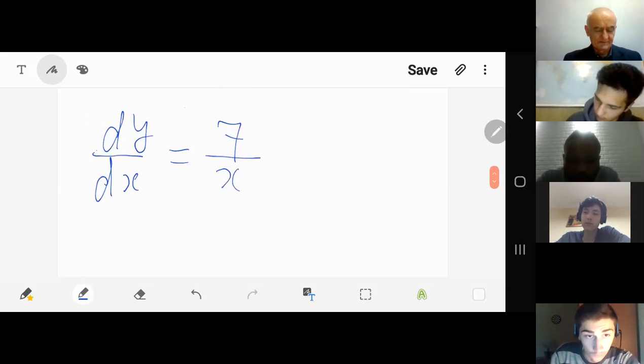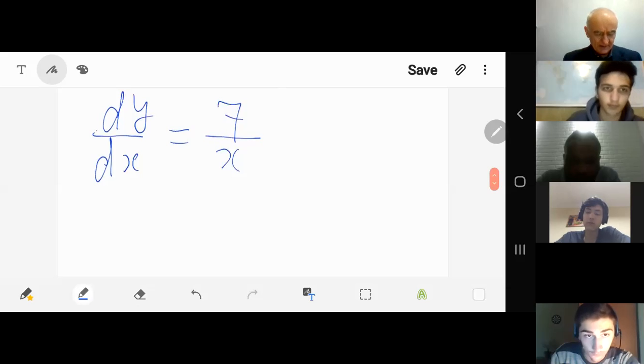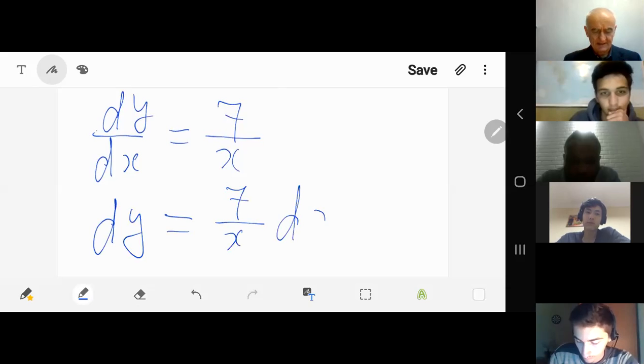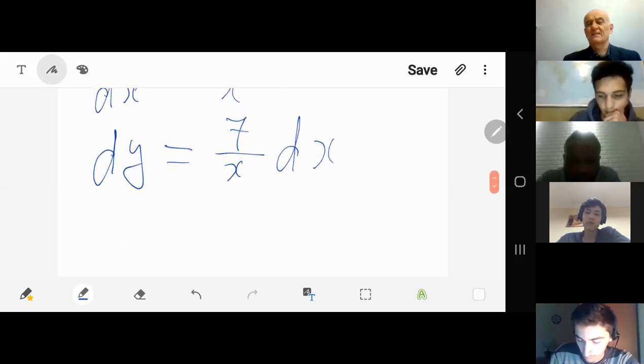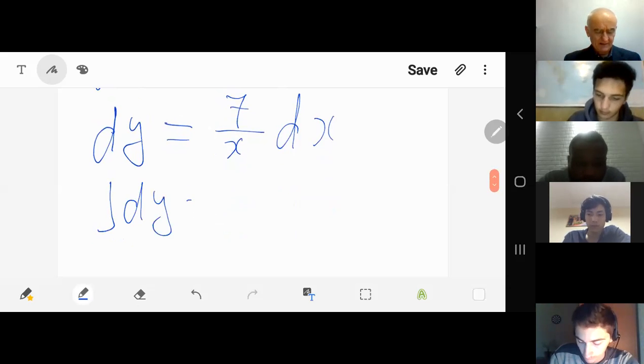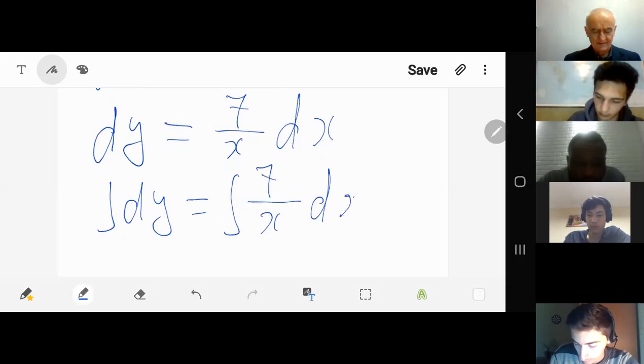So from here, I will write down dy equals 7 over x dx. I just multiply both sides by dx. Now I will take the integral of both sides. Integral dy equals integral 7 over x dx.